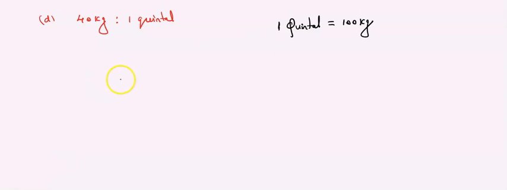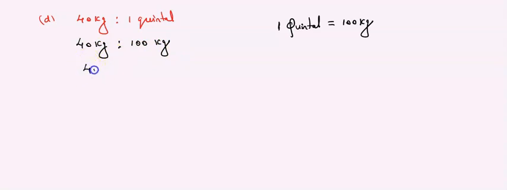Which is easy to keep first? Let me keep both sides in kgs. So 40 kg is to 1 quintal, meaning 100 kg. That is nothing but 1 quintal we can write as 100 kg. Got it? Now both the units are the same, 40 kg and 100 kg. Both sides it is kg.